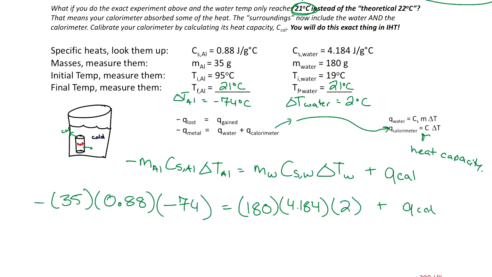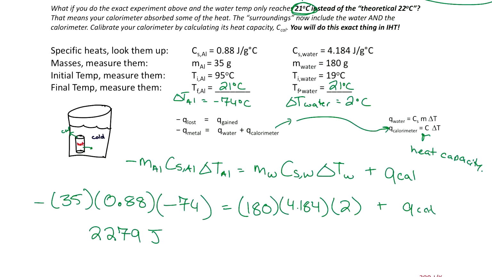So I want to actually write out these numbers so you see it. So if your aluminum lost this much temperature, if I multiply all these things out, what do I get? I get that the aluminum lost 2,279 joules of energy. All right, that's multiplying those numbers together. In a perfect world, all of that energy would go to the water.